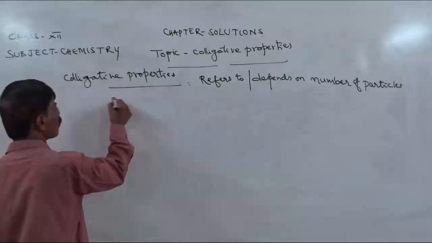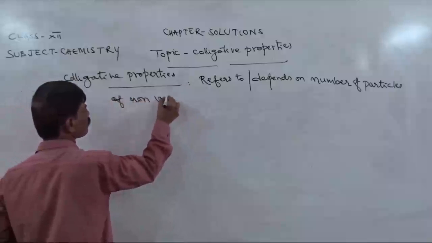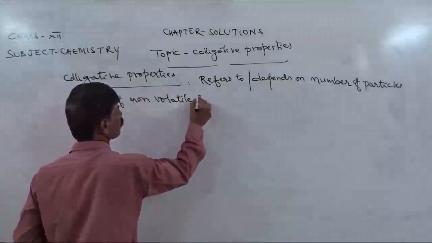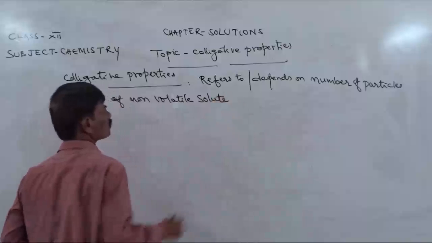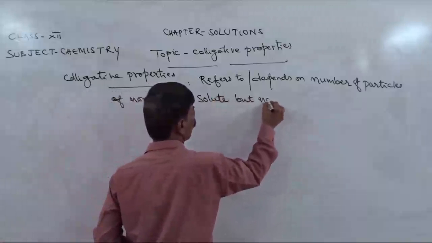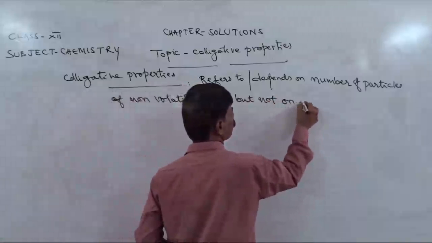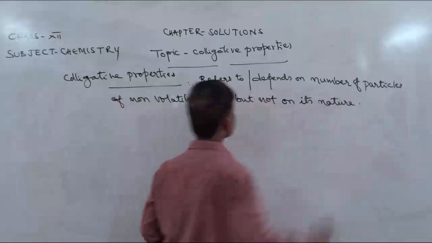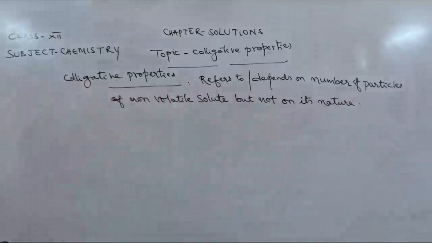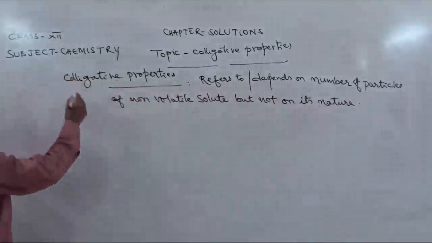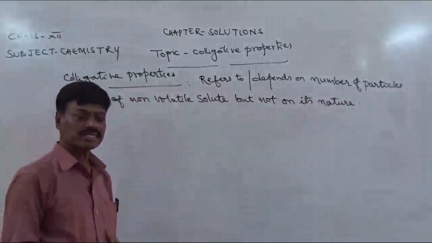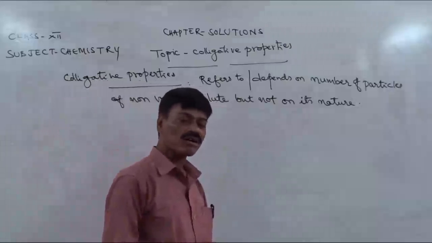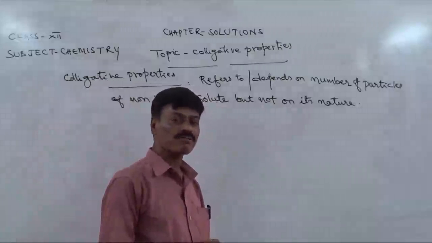Number of particles of non-volatile solute, but not on its nature. So this is the concept. So as and when the properties, each property out of the four are taken, I am going to teach how the colligative property depends on the number of particles.